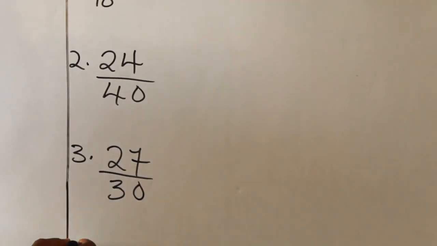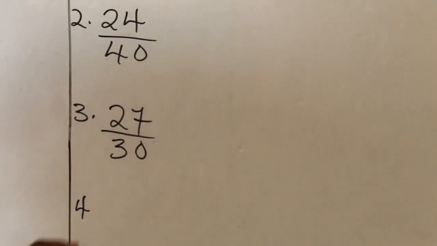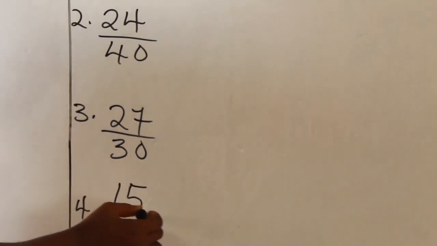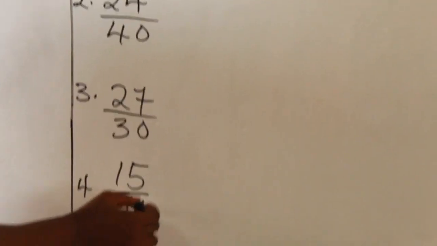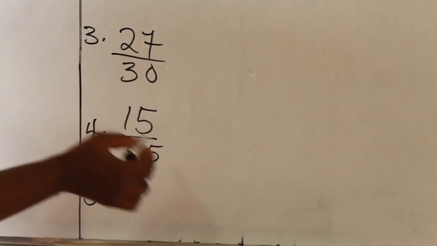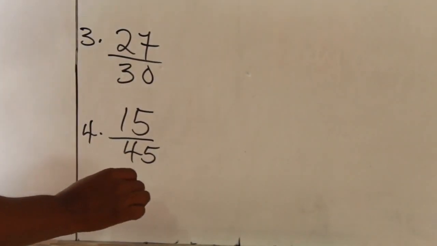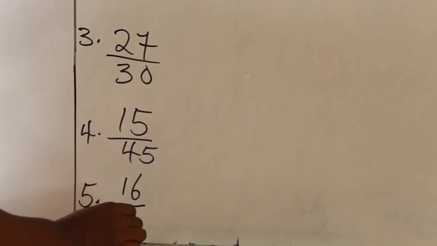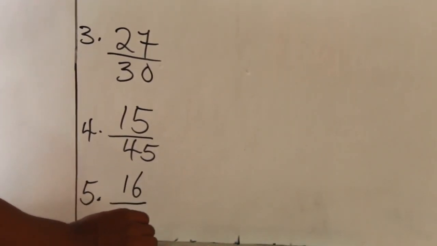And then number 4, you help me to reduce 15 over 45. And number 5, the last one, we are going to work with 16 over 32.